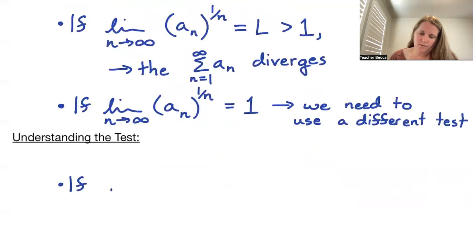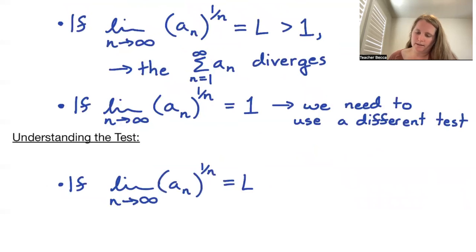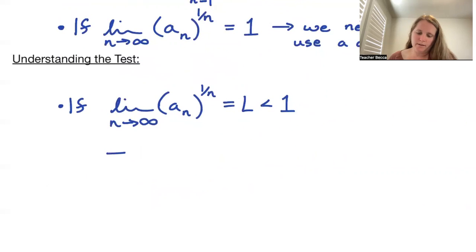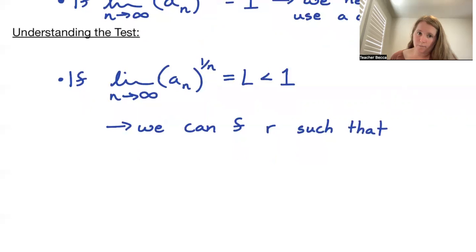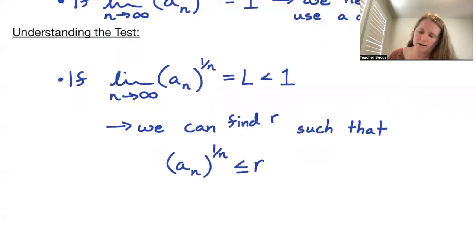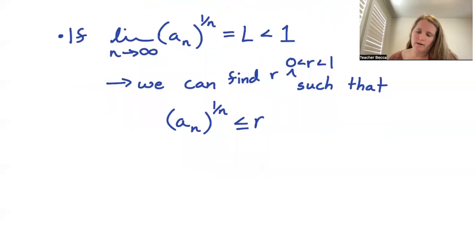If the limit as n goes to infinity of a sub n to the 1 over n exists and is less than 1, then we can find some r, between 0 and 1, such that a sub n raised to the 1 over n is less than or equal to r for large n.